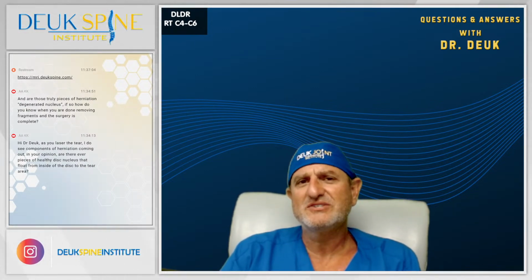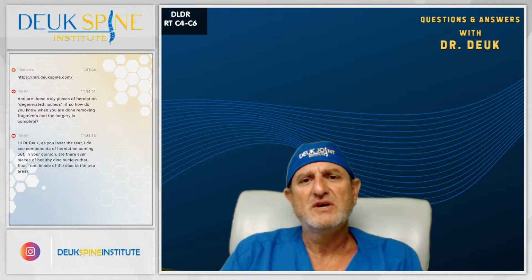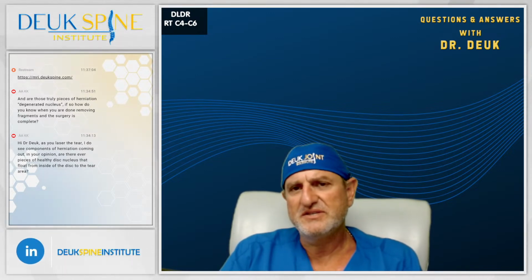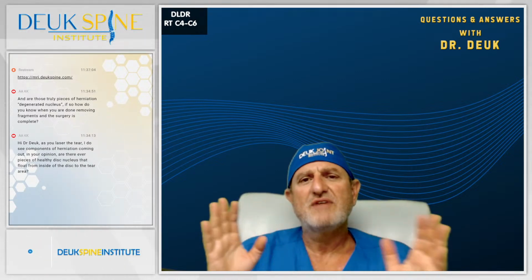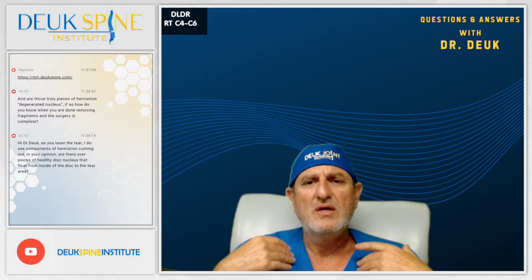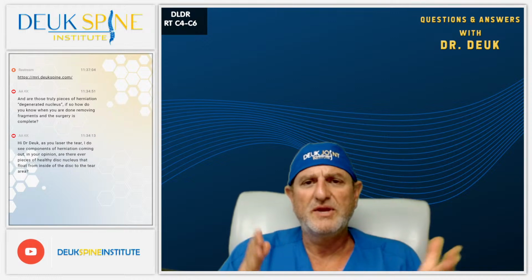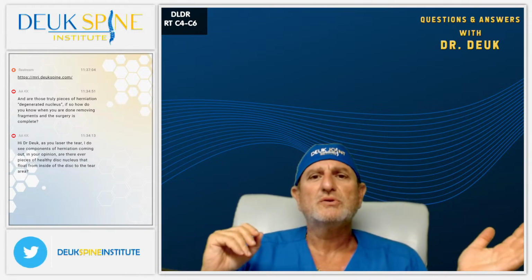There are no healthy disc pieces that come out because the healthy nucleus is not in pieces. It is a solid structure that is not fragmented. So when you see fragments, herniations, that is damaged nucleus.